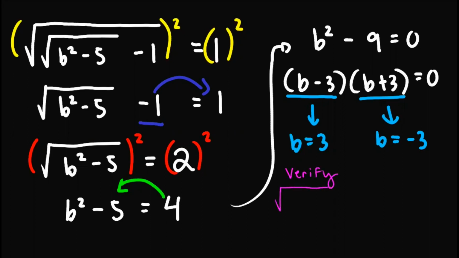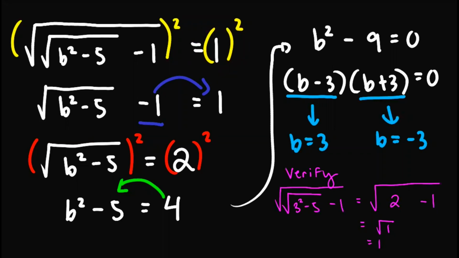We have the square root of 3 squared minus 5 minus 1, and that one is equal to the square root of 9 minus 5 minus 1. 9 minus 5 is 4, and the square root of 4 is 2. So this one is simply square root of 2 minus 1, or simply 1, which matches this one.